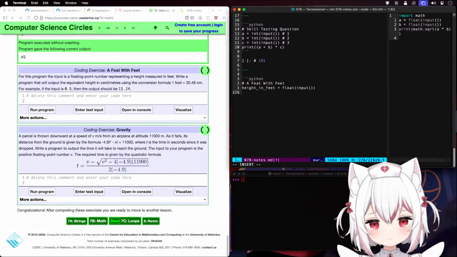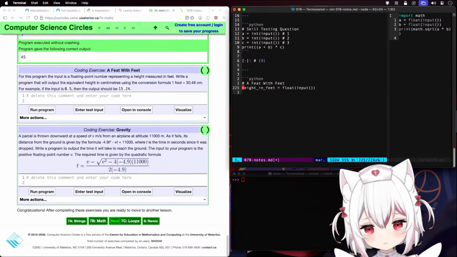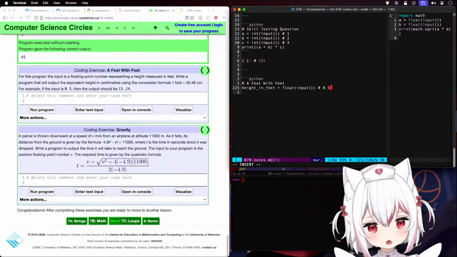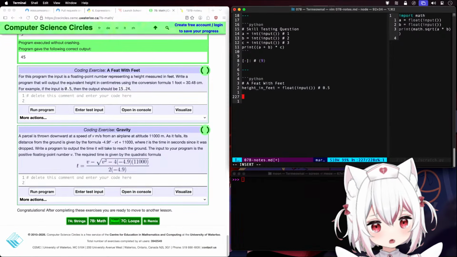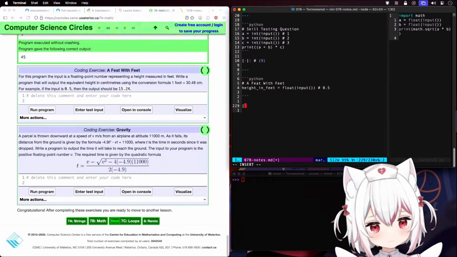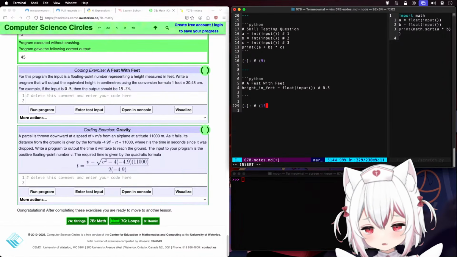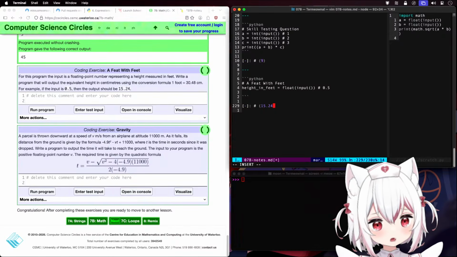For example, if the input is 0.5, then the output should be 15.24.